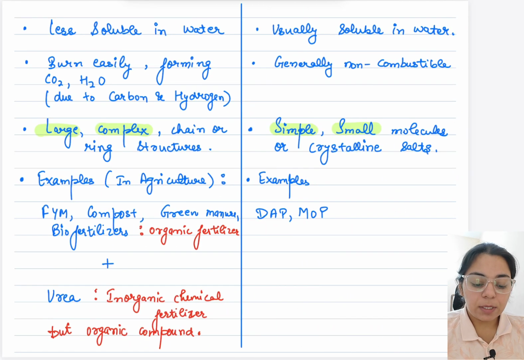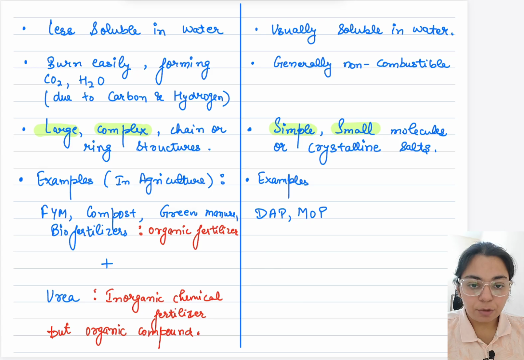Then organic ones will be less soluble in water, and inorganic ones will be more soluble in water. So you can basically remember this point from the fact that water is itself inorganic in nature. So inorganics will dissolve in inorganic substances easily, and organics will dissolve in organic ones easily.